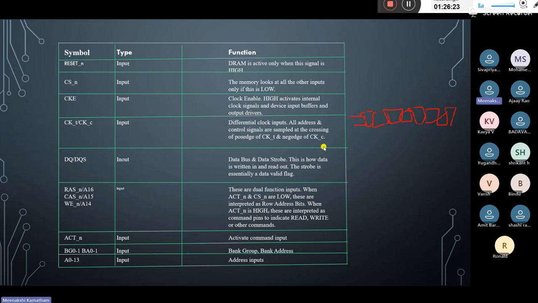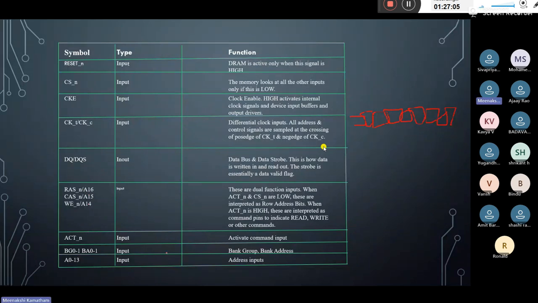Whenever the ACT is high, it comes into read, write or other commands, pointing to RAS, CAS and write enable. Whenever ACT and CSN are both low, meaning activation, then we'll select the address bits.